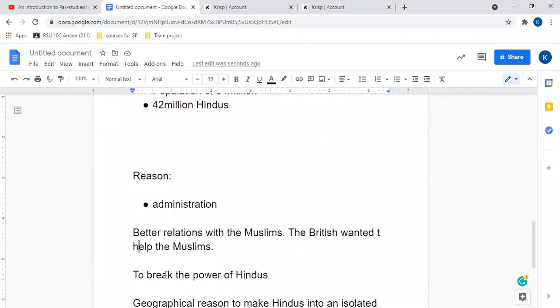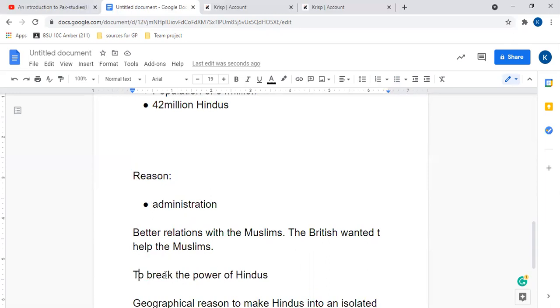The reasons were administrative efficiency: Bengal was very densely populated, and so the British found it hard to administer it effectively. They also wanted to help the Muslims, as they now had better relations with them, thanks to Sir Syed Ahmad Khan's efforts in removing misunderstandings between the Muslims and the British. So the British wanted to help the Muslims who had been victimized in the 1857 war.